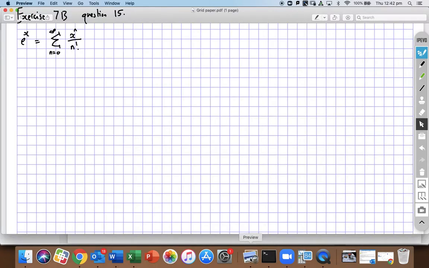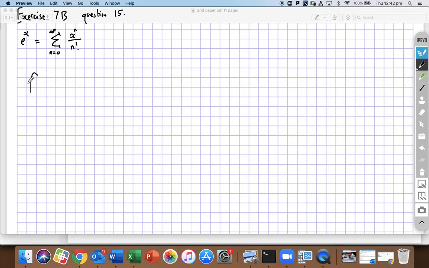Now, how would we? One way of thinking about that is to think, well, there is some number, e, where the derivative equals the function. The way to get to it is to start at the number 1, right? And we'll actually be able to derive this sum by doing this.